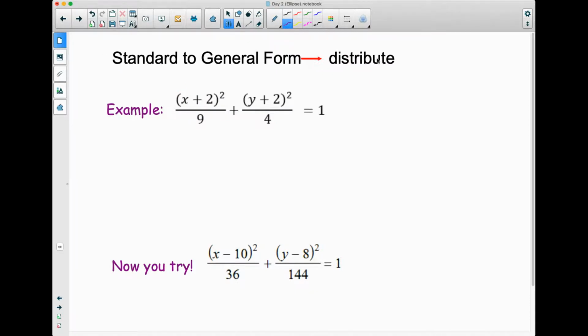So let's check out the first one. We are going from having parentheses and fractions to having everything set equal to 0, not parentheses and not fractions. So basically, I need to think of a number I can multiply everything by so the denominator goes away. What's that number? 36.